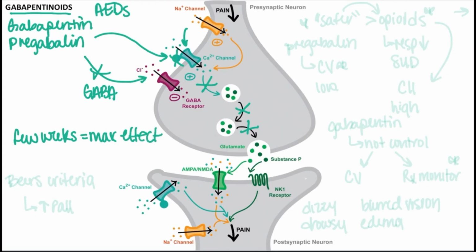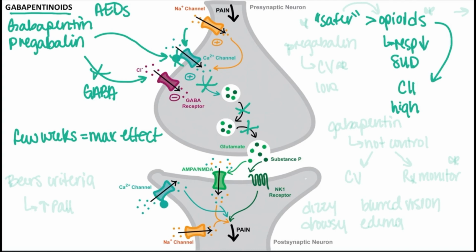So both pregabalin and gabapentin are thought to be relatively safer pain relief options when compared to traditional analgesics like our opioids, which, remember, come with that risk of respiratory depression and substance use disorder and other concerns that we discussed previously, which is why when looking at the controlled substance schedule of these agents, a lot of opioids are going to be Schedule 2, meaning there is a high potential for misuse or abuse, with use potentially leading to severe psychological or physical dependence.